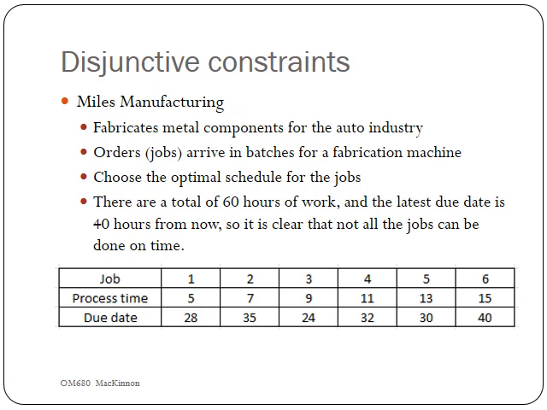There's 60 hours total of work, and the latest due date is 40 hours from now. So it is clear that not all the jobs will be done on time. We can't say that tardiness must be less than or equal to 0. We just have to say we need to minimize the amount of tardiness.